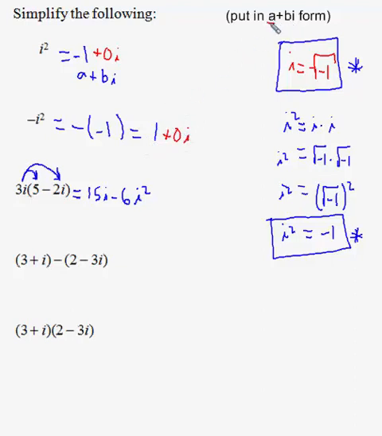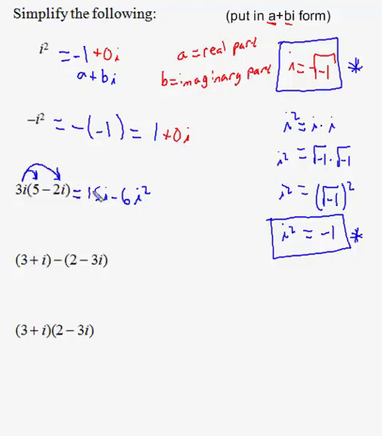If interested, a is called the real part of the complex number. Then the b is called the imaginary part. So it may be surprising to you that the number 1, even though it does not look like a complex number, is. It's a complex number where the imaginary part is just 0.